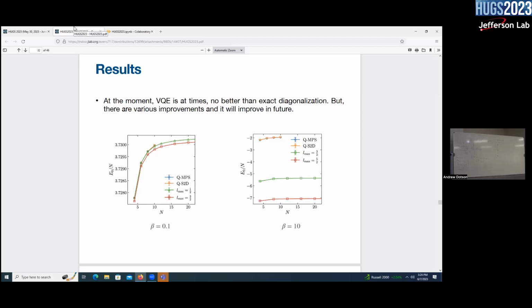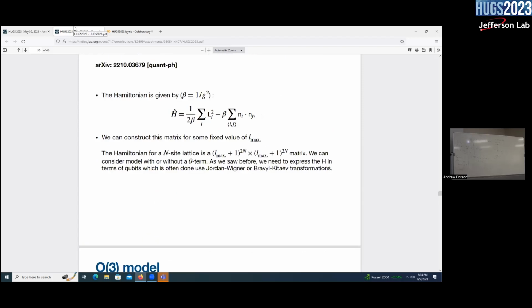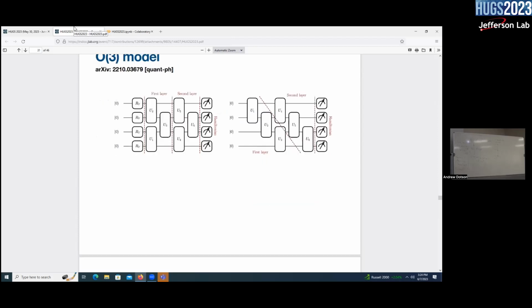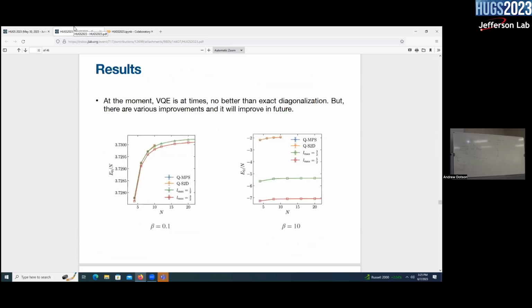But there's another way to think about this. You might say that if the Hamiltonian is written in terms of these unit vectors, as this matrix, why do we really need to represent it using qubits? Why can't we use some other basis, say oscillators? Why can't we think about this model in terms of harmonic oscillators? And that is what we are doing right now.